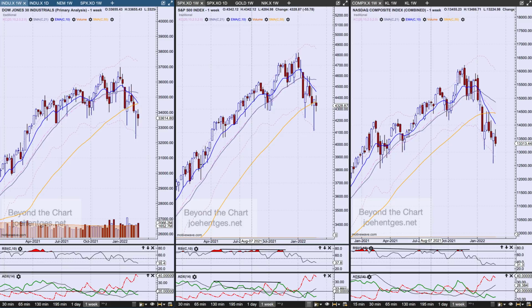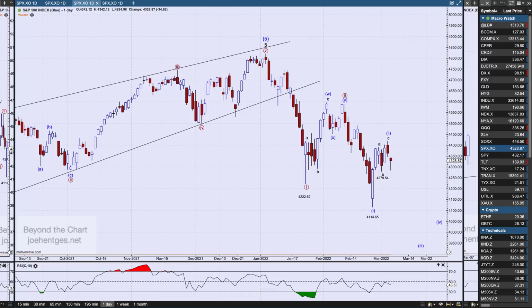Let's go back to the home screen and pull up the S&P 500. Okay, here's the daily chart of the S&P 500. The Elliott wave count is very similar to what I've got on the Dow Industrials. The little peaks back up in early February aren't exactly the same, but in terms of the wave count, down 1, 2, and a 1, 2, that is the same as what's going on with the Dow Industrials.